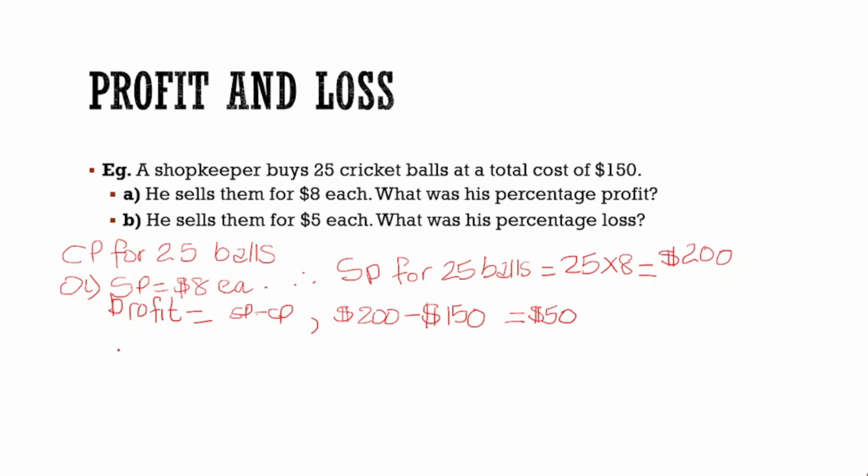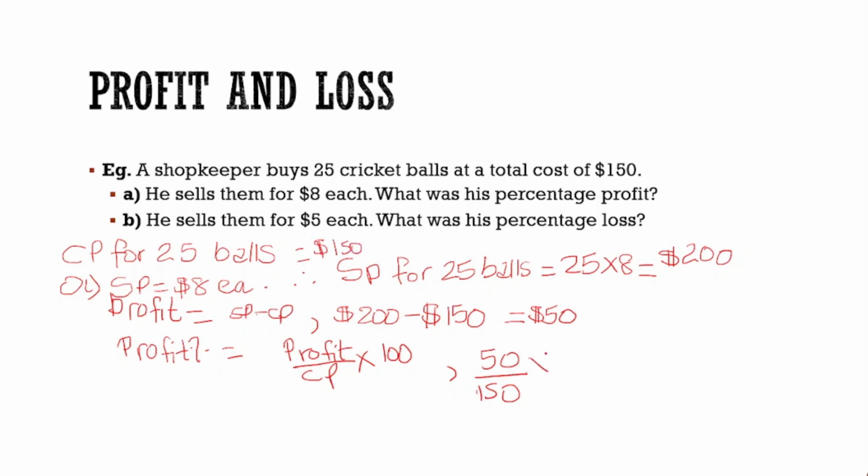So what is that as a percentage? The profit percent is equal to the profit over the cost price times 100. So for us, that is the profit of $50, so that's going to be 50 over our cost price of 150. Just realize that we forgot to put in what our cost price is here.